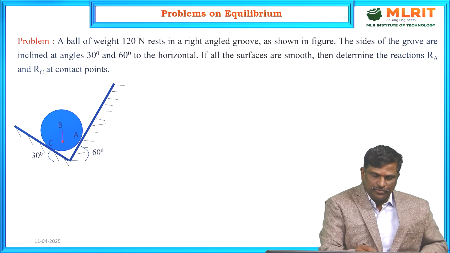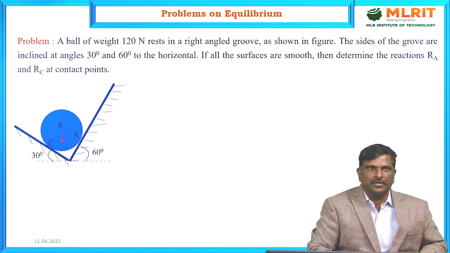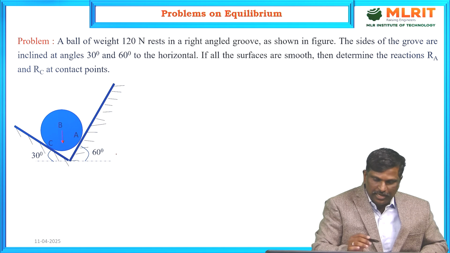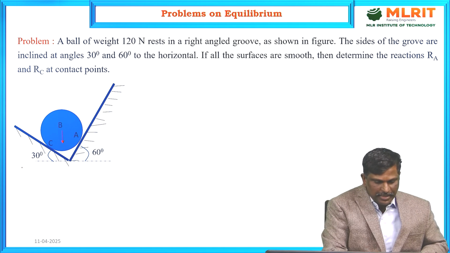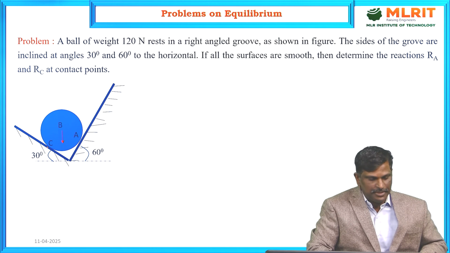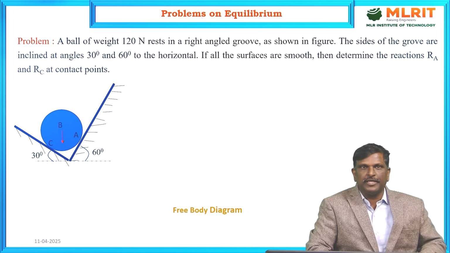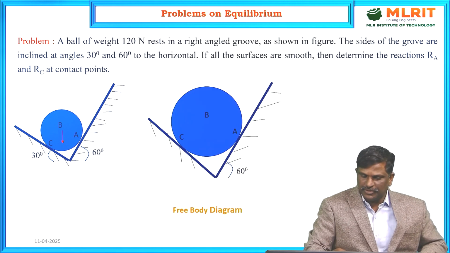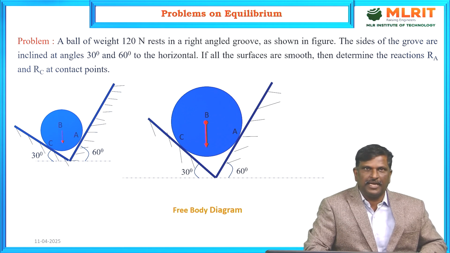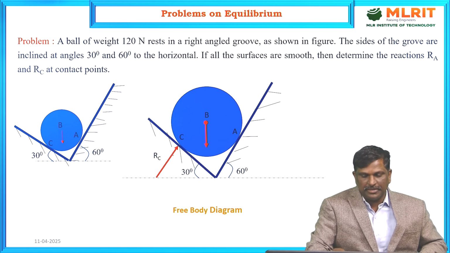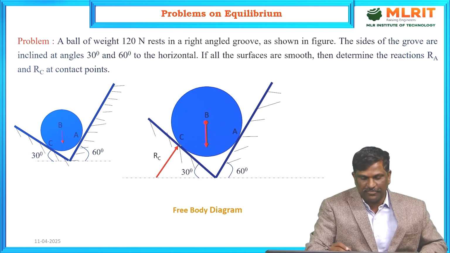Now we need to find the reaction at contact point A, that is RA, and another reaction from the wall, that is RC, at contact point C. See the free body diagram for this given problem. The ball is resting like this and there is weight acting through the center of the body, and the reaction is perpendicular to the contact surface.